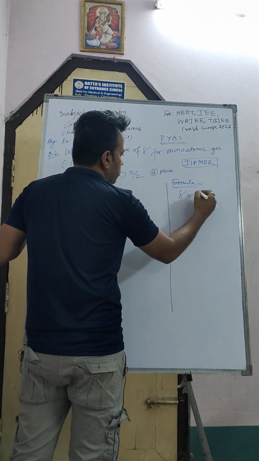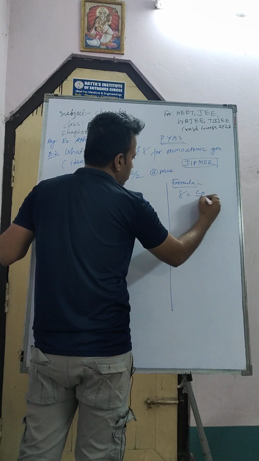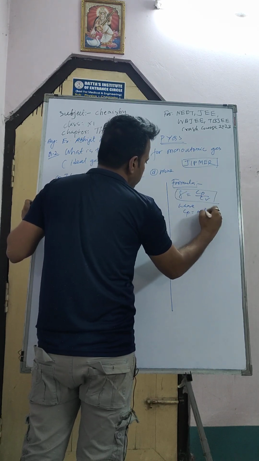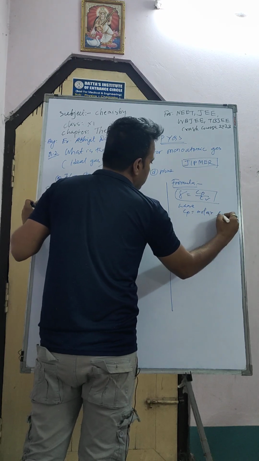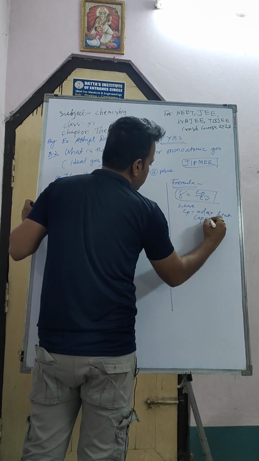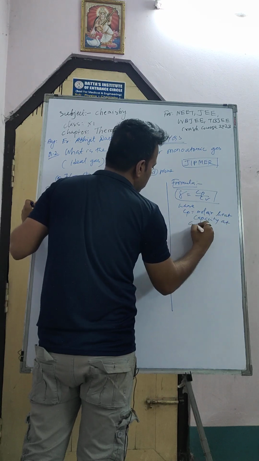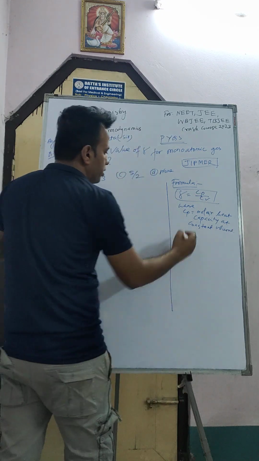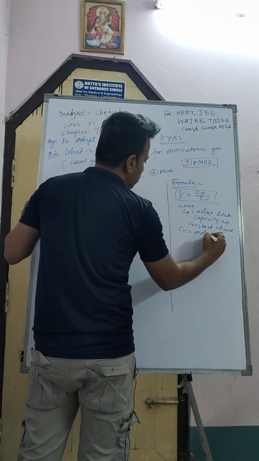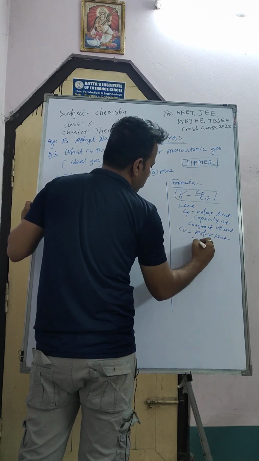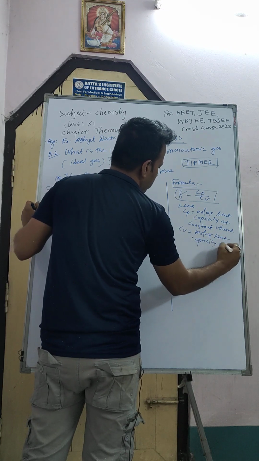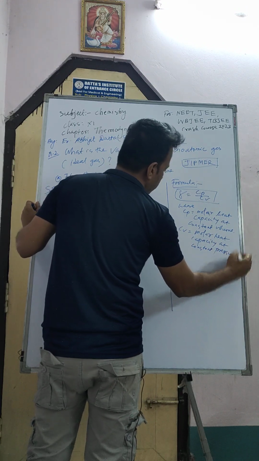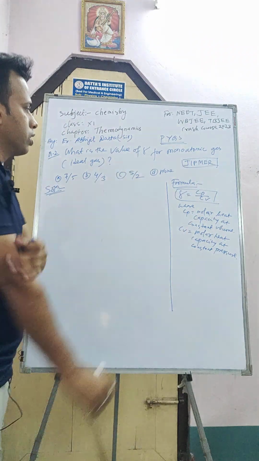Gamma is the specific heat ratio, that is Cp by Cv, where Cp is molar heat capacity at constant pressure, and Cv is molar heat capacity at constant volume. Got my point?